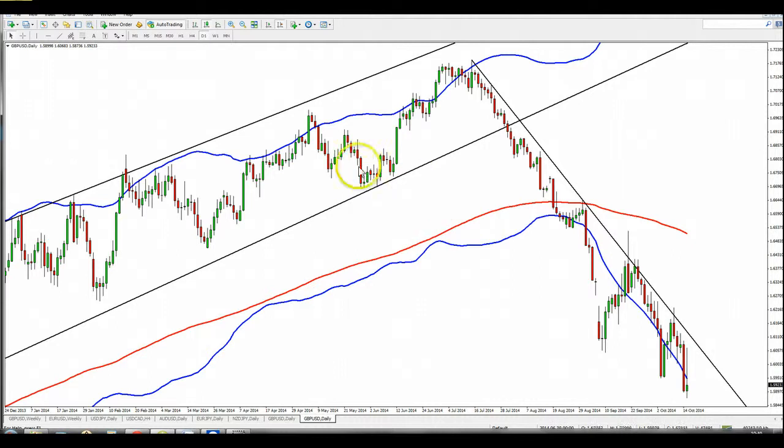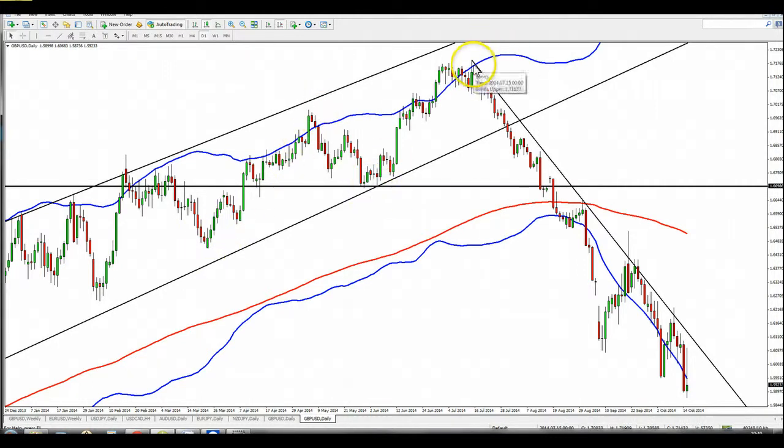Okay. Another warning sign about change of trends. This here, on the A, B, C, D formation. If the price breaks below the C, then something has definitely changed in the market. The A, B, C, D formations have changed.